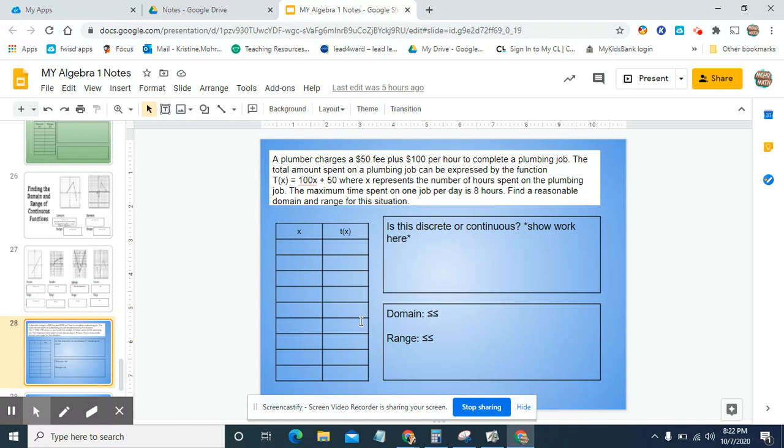With continuous, you can have different pieces. So, for instance, money is always a good one for continuous, time is always a good one, and speed is good for continuous because, for your speed, it's not that you can only go 60 miles an hour or 65 miles an hour.